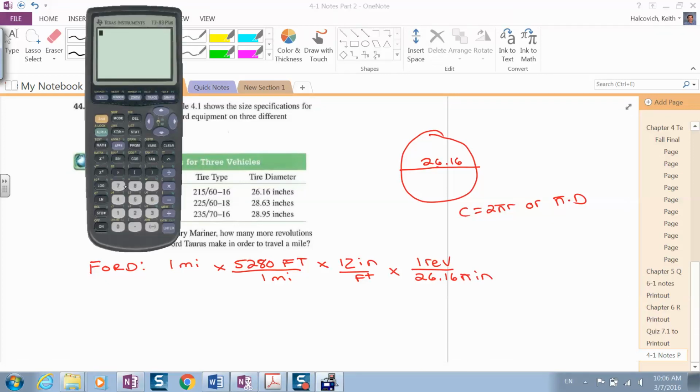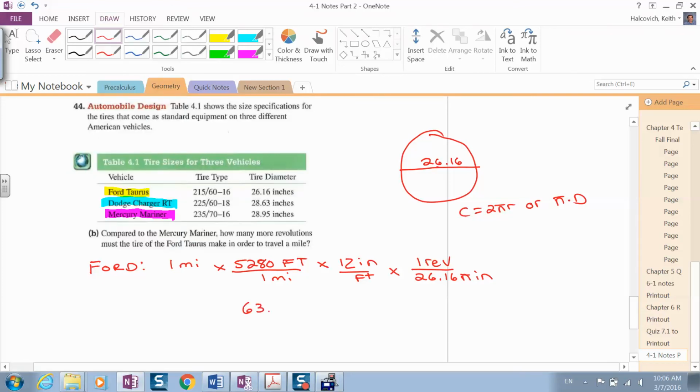If you want to type this in your calculator, first you want to figure out how many inches are in a mile. So we go 5,280 times 12, and that gives us 63,360 inches per mile. Then we divide that by 26.16 pi, because that's inches per revolution.